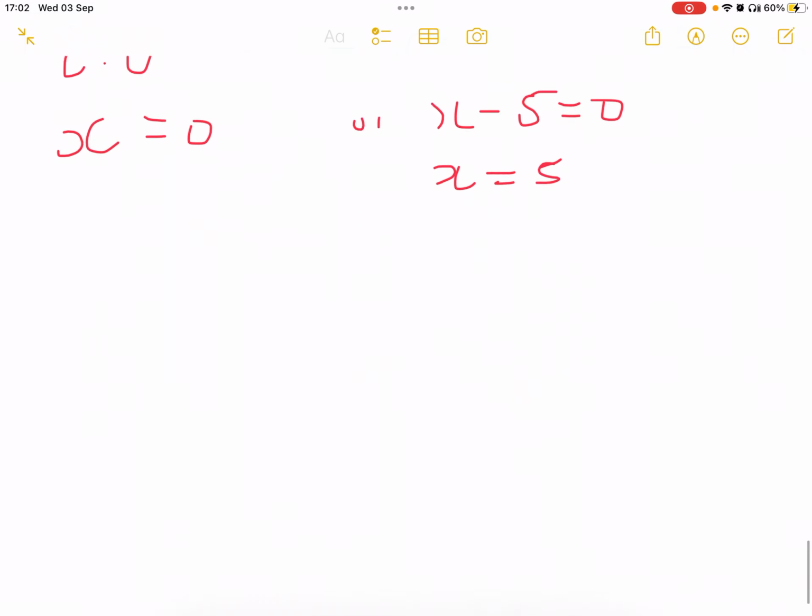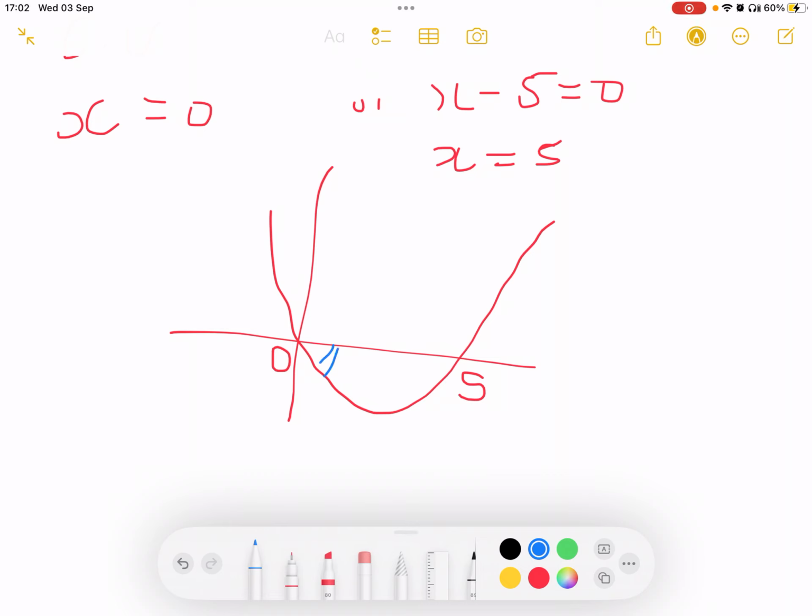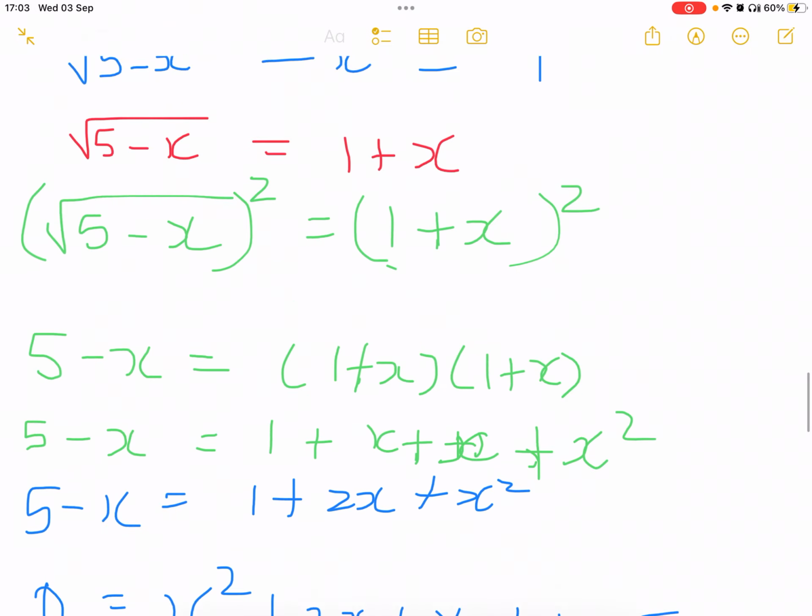Now we draw a small graph, then we put our values 0 and 5, and since it says less than, it's looking for the values that are found below 0 and in between these x values. So this is 0 less than x less than 5. That's why it's 2 marks.